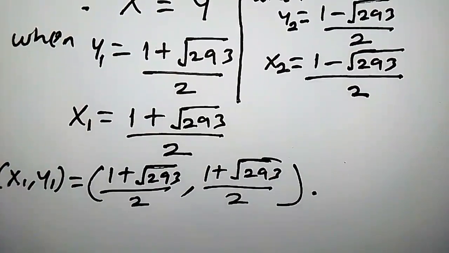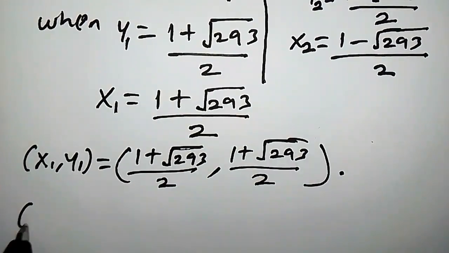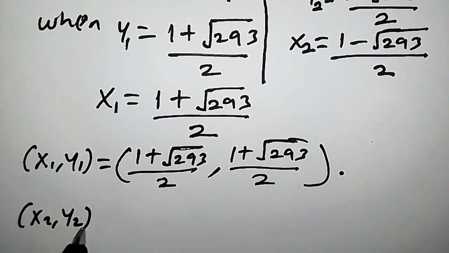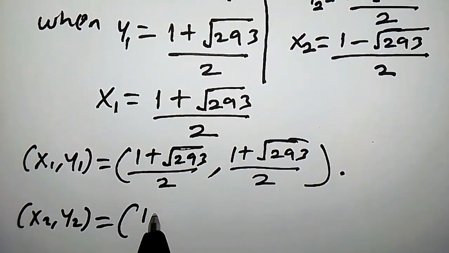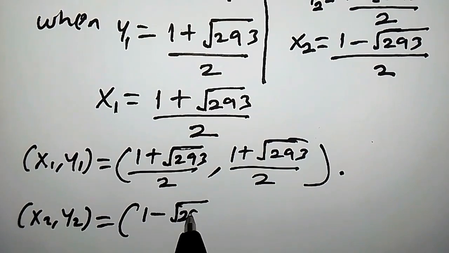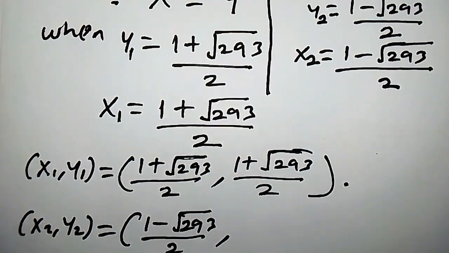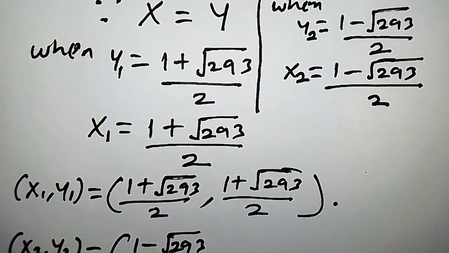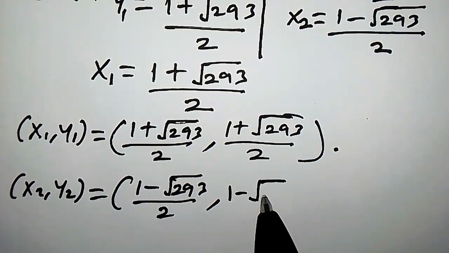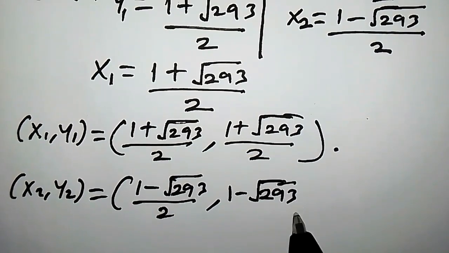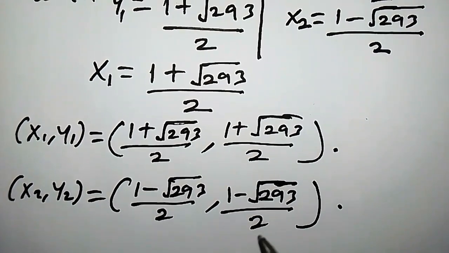This means that the second solution, x2 comma y2, is equal to 1 minus root 293 divided by 2, comma similarly 1 minus root 293 divided by 2. This is the second solution.